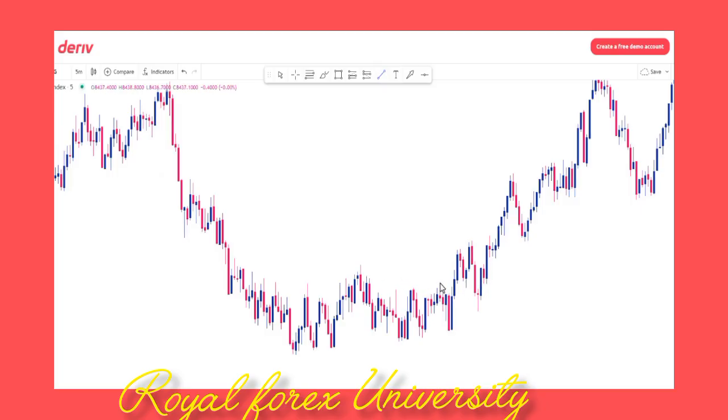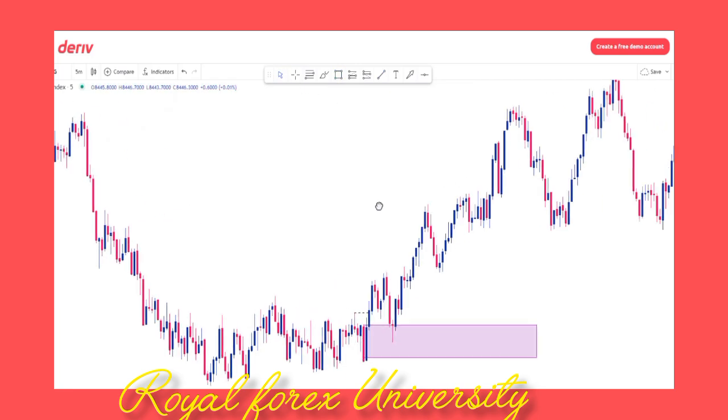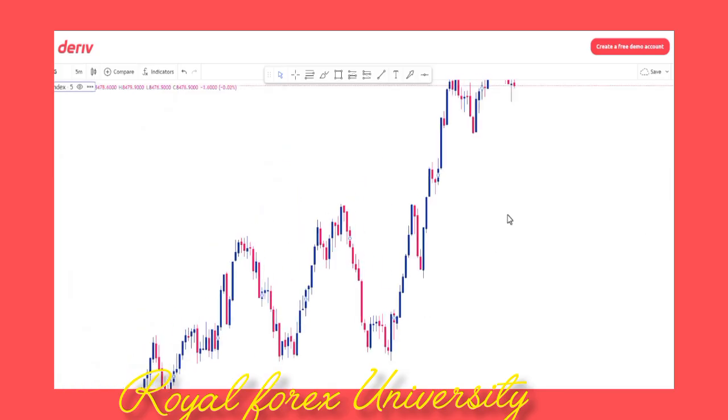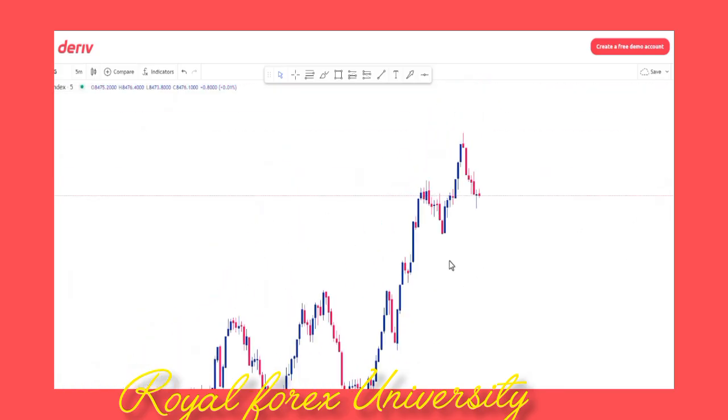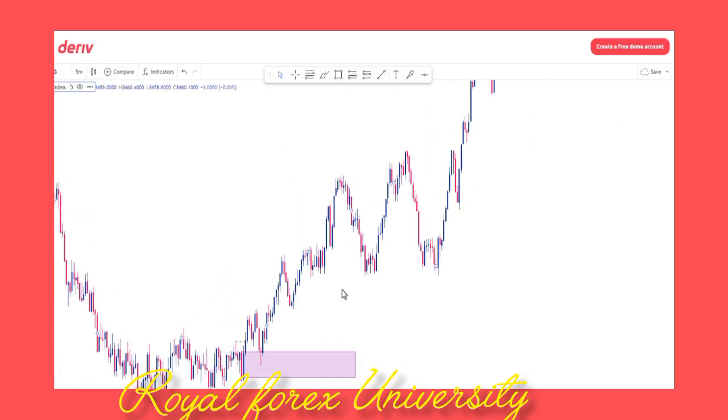Somewhere around here. The shifting structure happened at this exact point, and then price came back to your order block and headed that side. So look at where price is going, and then in the lower time frame, all you need is just your shifting structure, and that is where price will start going up.